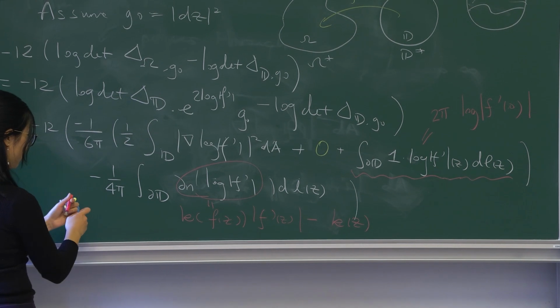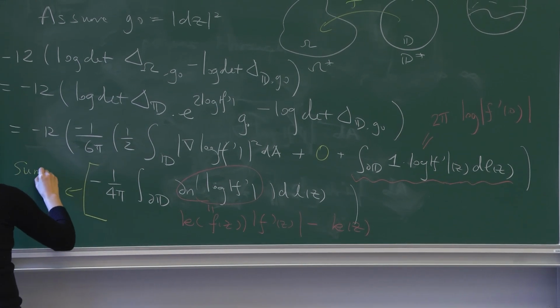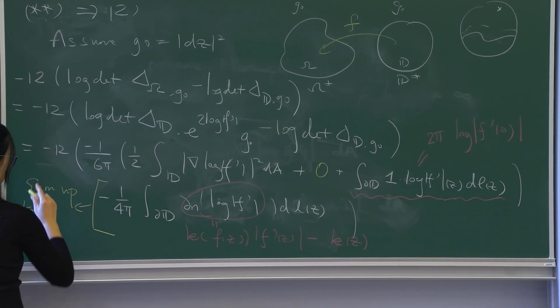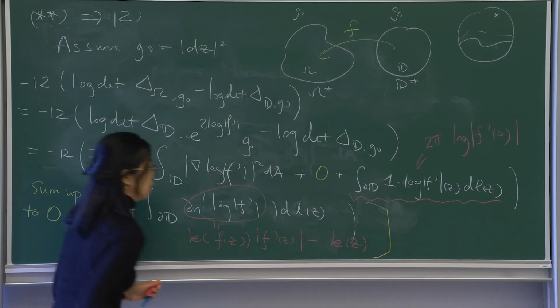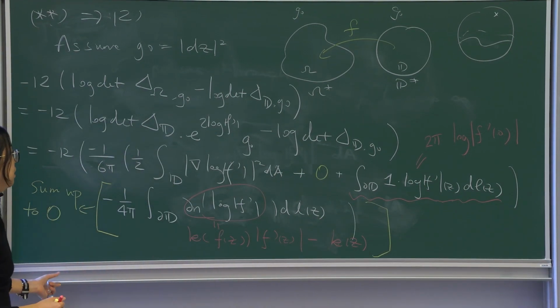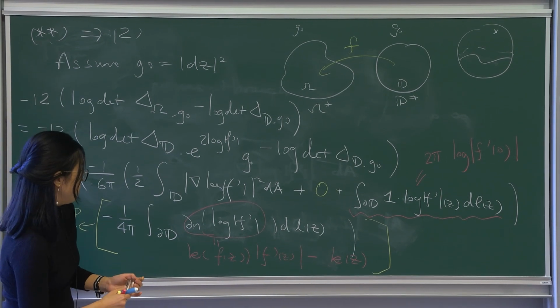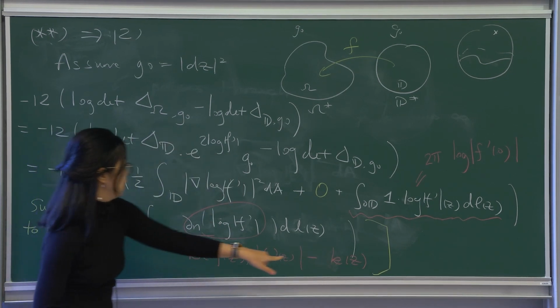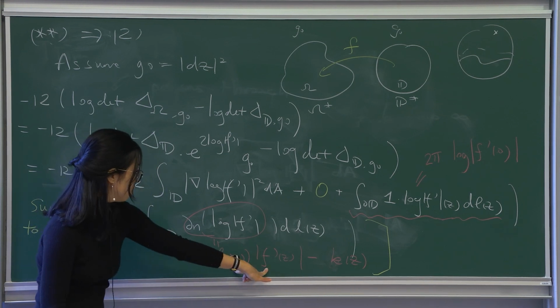If I sum up two sides, this will give you 0. So if you just have this term, you would have an integral of 1. And the outside will give -1. And here this term is a change of variable.